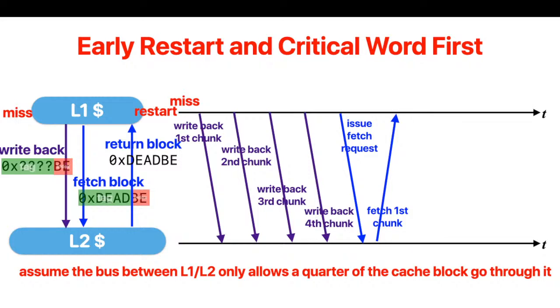The word here means 64-bit data. There must be one word that your processor wants at this moment. So early restart and critical word first is that we just give you that word first so that your processor can proceed.